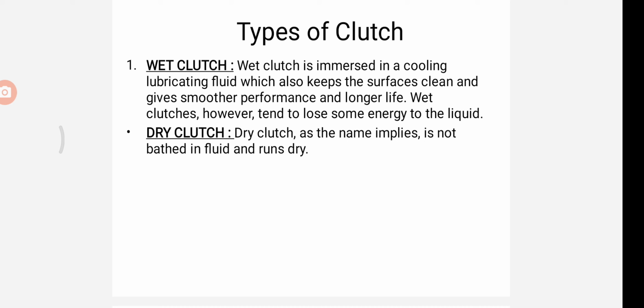Wet clutches, however, tend to lose some energy to the liquid. Next, dry clutches. A dry clutch, as the name implies, is not bathed in fluid and runs dry. So in wet clutches we use the cooling lubricating fluid, but dry clutches work without the fluid.